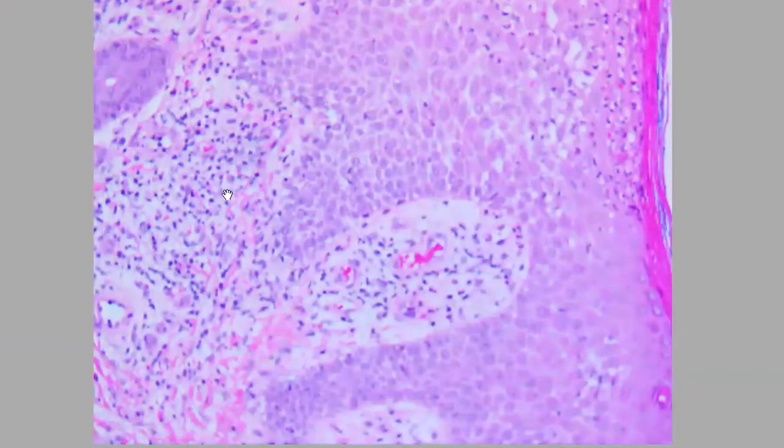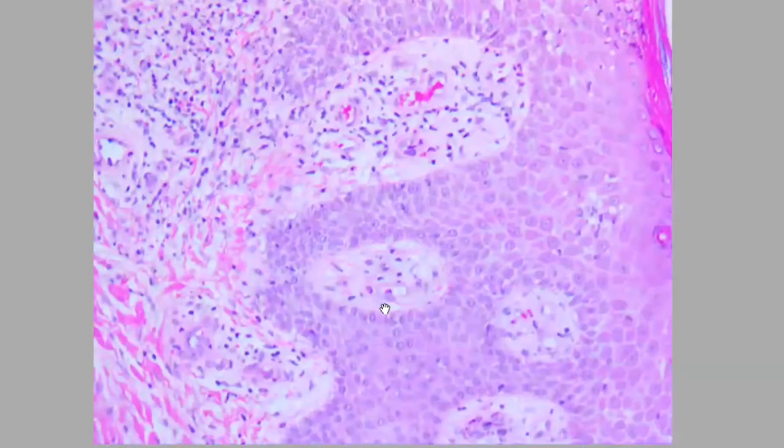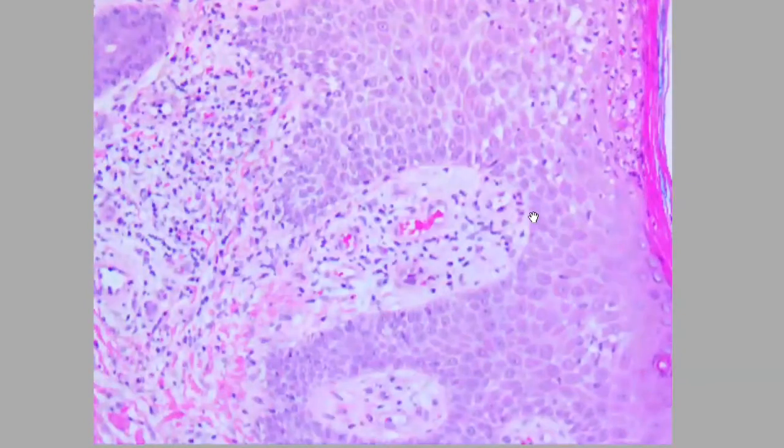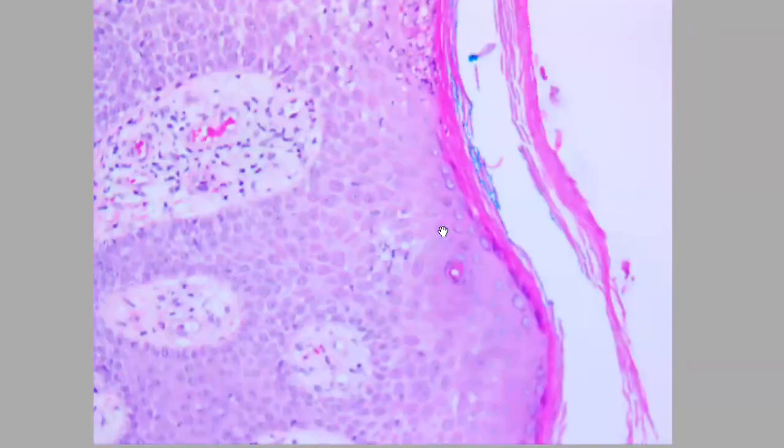Here again, it's more evident, this perivascular infiltration of the lymphocytes. I'm trying to adjust the focus. And of course, here you can more appreciate this thinning of the suprapapillary plate.